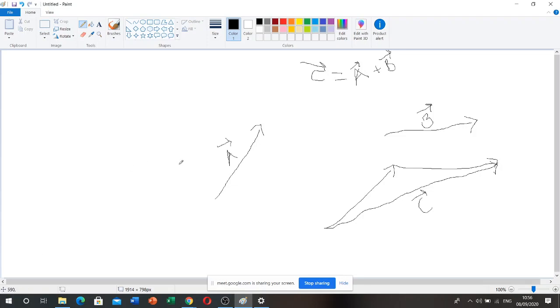Clear? Now you might ask, if you are fixing this vector, what if I fix this one now? Same thing: keep it as it is, take the other vector, and move it to the head of the fixed vector.